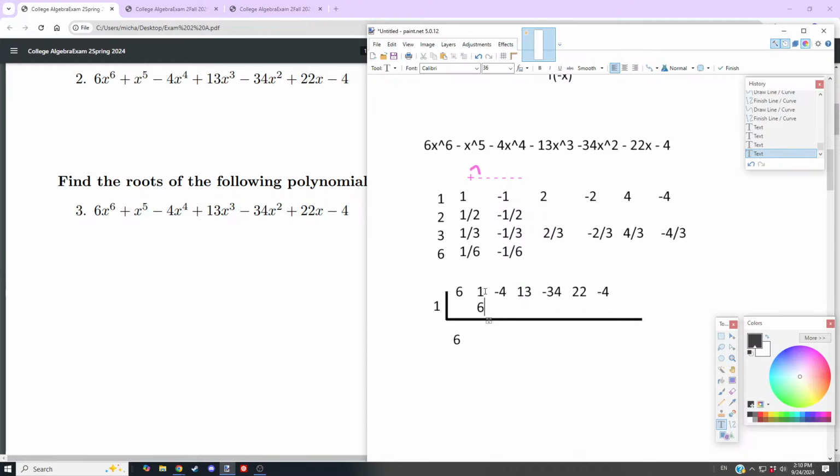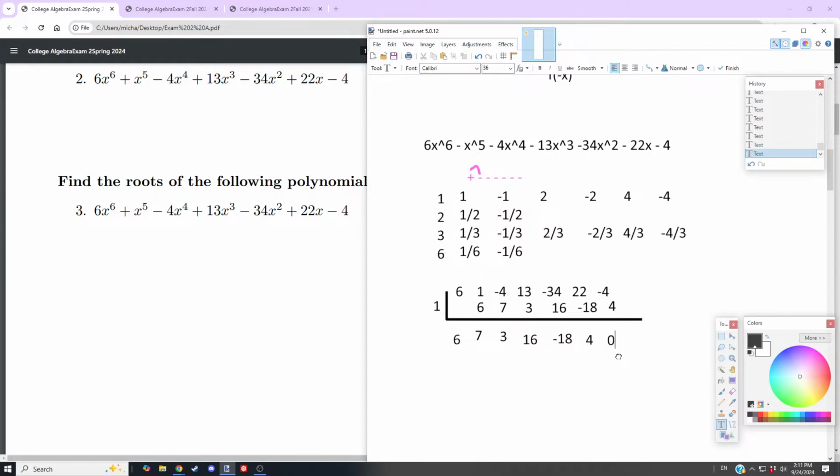Then I go up here, and I have 6 plus 1 is 7. 1 times 7 is 7. 7 minus 4 is 3. 13 plus 3 is 16. 16 times 1 is 16. 16 minus 34 is -18. -18 times 1 is -18. 22 minus 18 is 4. 4 times 1 is 4. -4 plus 4 is 0.